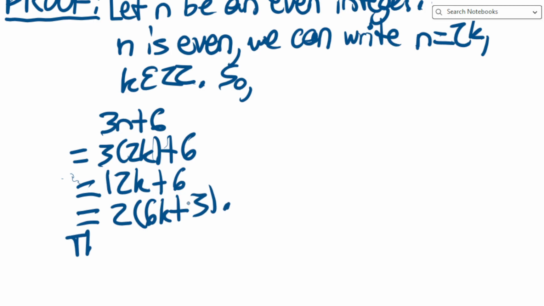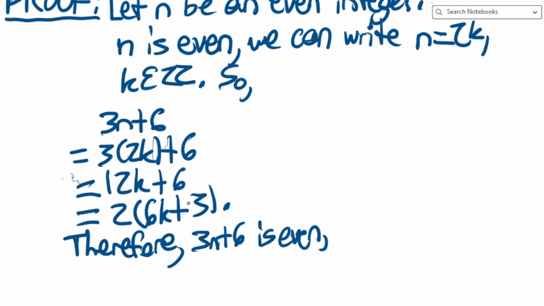So, therefore, 3n plus 6 is even, as desired.